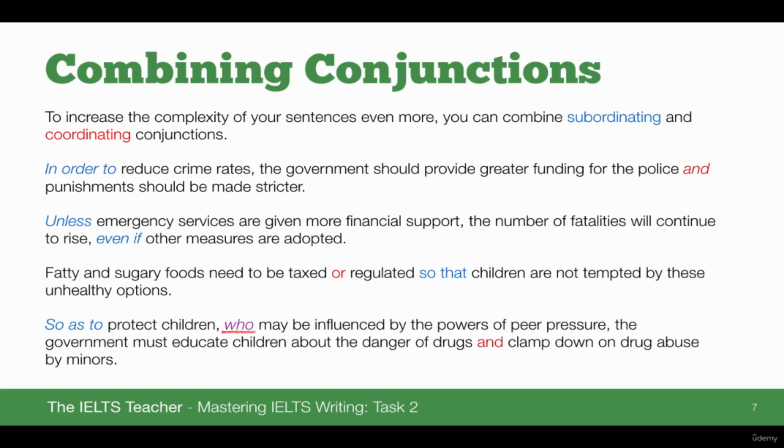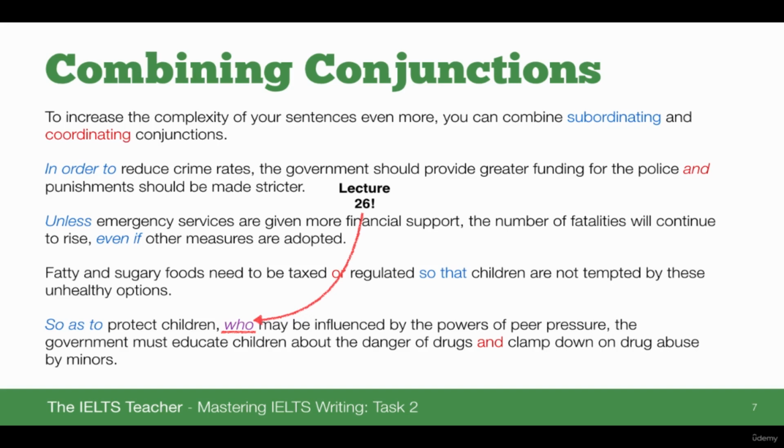Now just to think about that purple text there, who, as I said, this is what's called a relative pronoun, and it is something we're going to focus on later in the course in lecture 26. So be prepared for that. It's just another way that we can improve the complexity of our grammar and therefore move ourselves up to a band 7 and above.